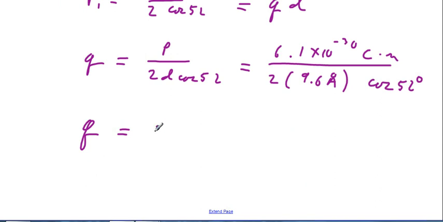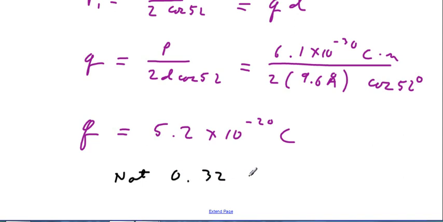So Q is going to be 5.2 times 10 to the minus 20th coulombs. Okay. And we note that this is 0.32 times the charge on one electron.